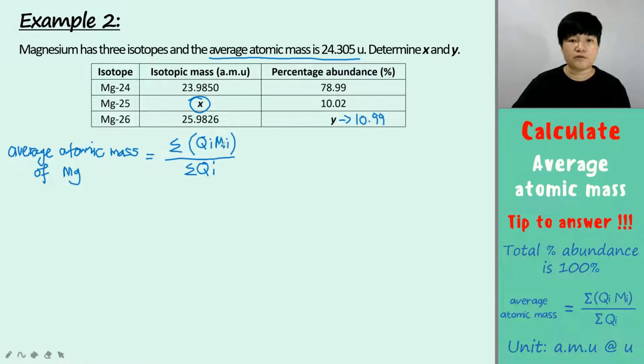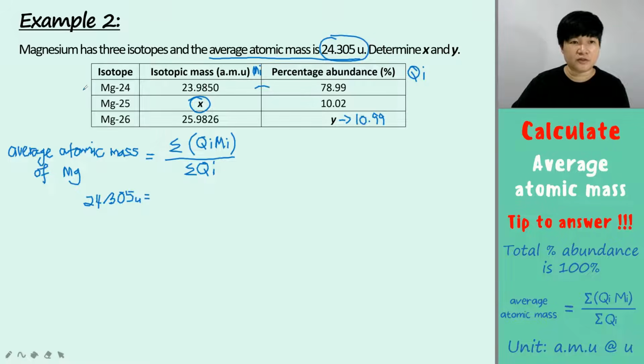The total of Qi Mi over the total of Qi. Put in the values. We know that the average atomic mass given is 24.305 U. So put it down. We know that the percentage abundance is your Qi and the isotopic mass is your Mi.